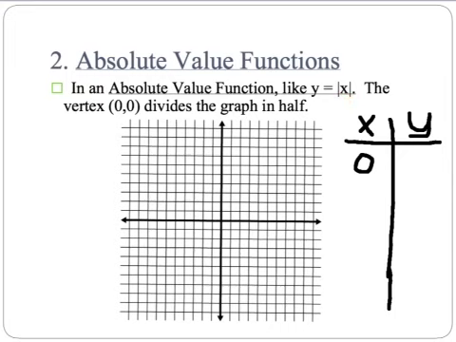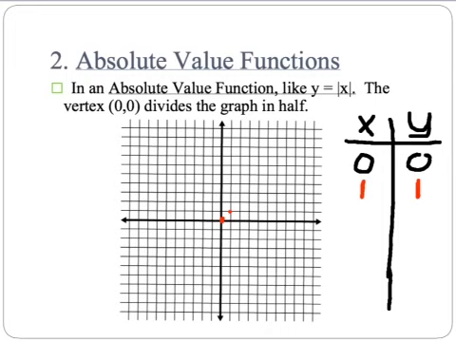We take the absolute value of 0, and we know that the absolute value of 0 is just 0. Then we can plot that point on our graph, right there. If we plug in a positive 1, we will get a positive 1, because we now know the absolute value of a positive is just a positive. So that would be right there.